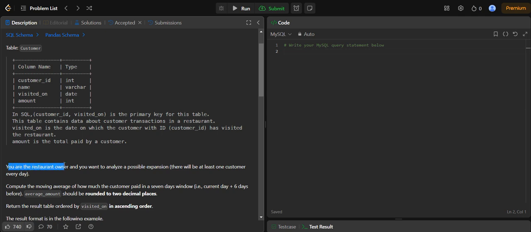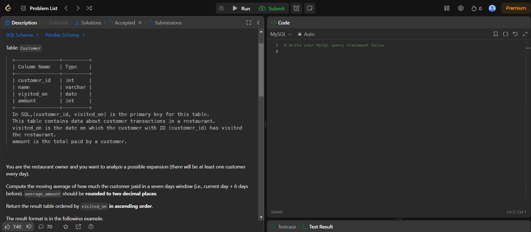Now I am the restaurant owner and I want to analyze a possible expansion. The condition is there will be at least one customer every day. That means there is a consecutive day entry on visited on.